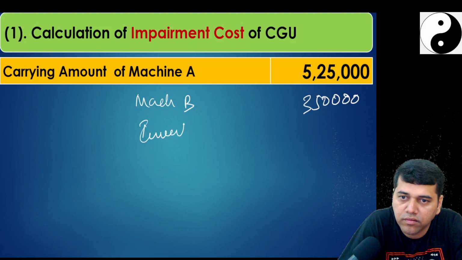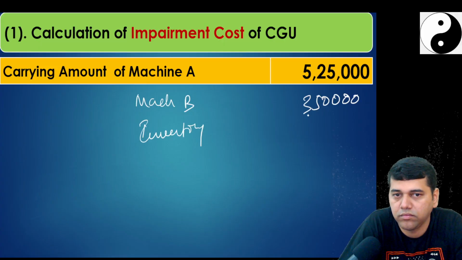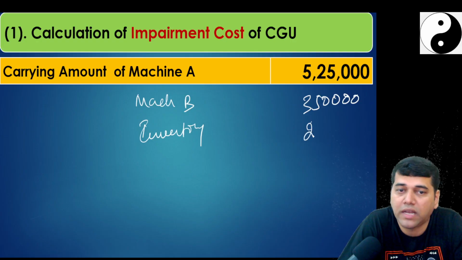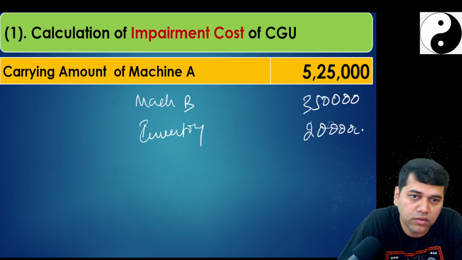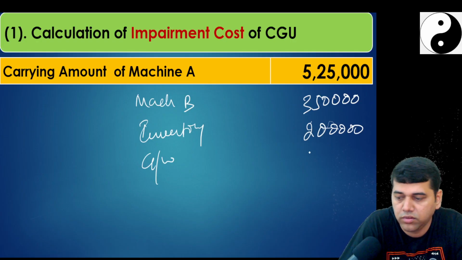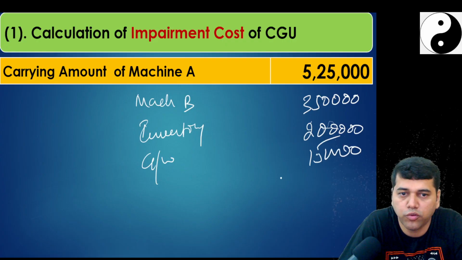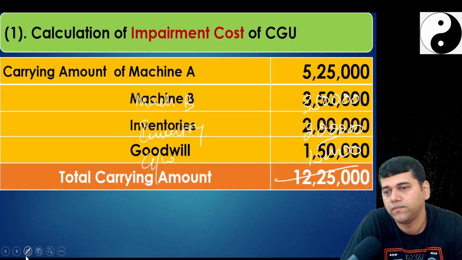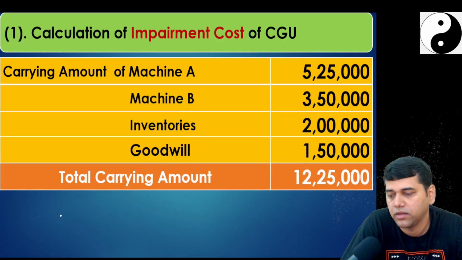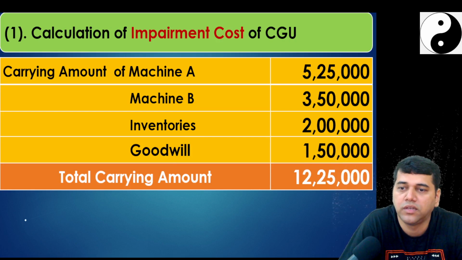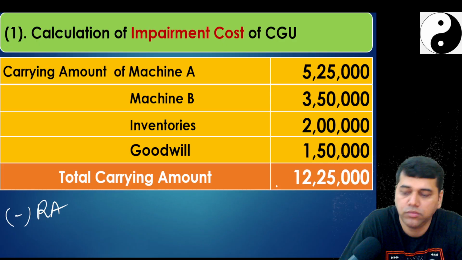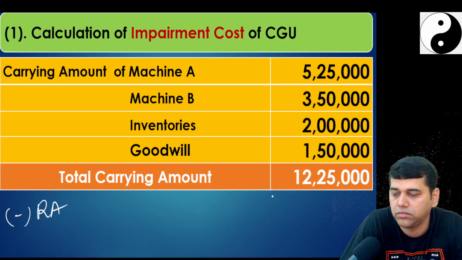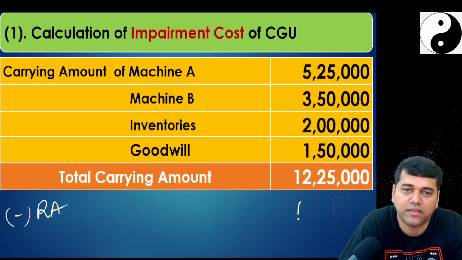Inventory, 2 lakhs. Did you allocate goodwill? 1,50,000. So what is the total book value of the CGU as a whole? 12,25,000. Have they given you recoverable amount? Yes, 10 lakhs.